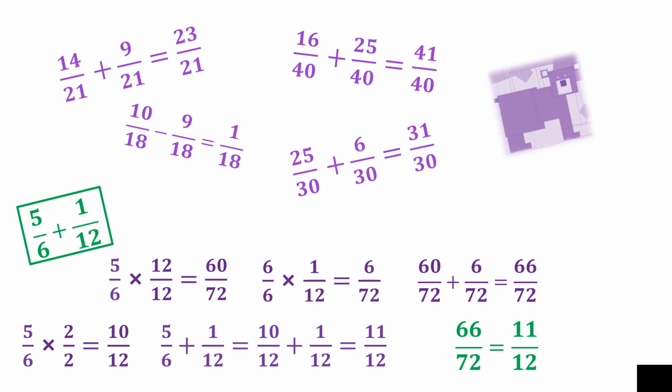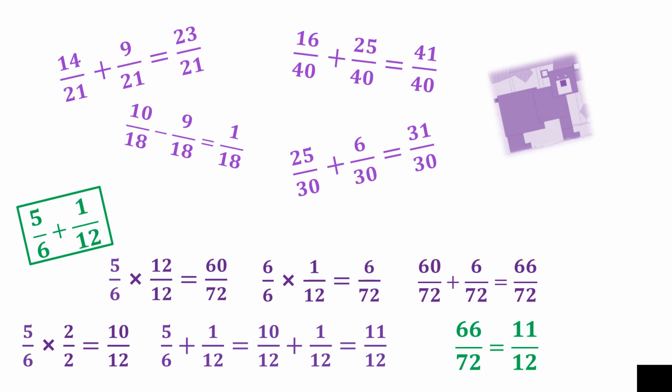Suppose we wanted to add 5/6 and 1/12. Using our simple method, we would multiply 5/6 by 12/12, and we would find the equivalent fraction of 60/72. When we multiplied 1/12 by 1 in the form of 6/6, we would find an equivalent fraction of 6/72.